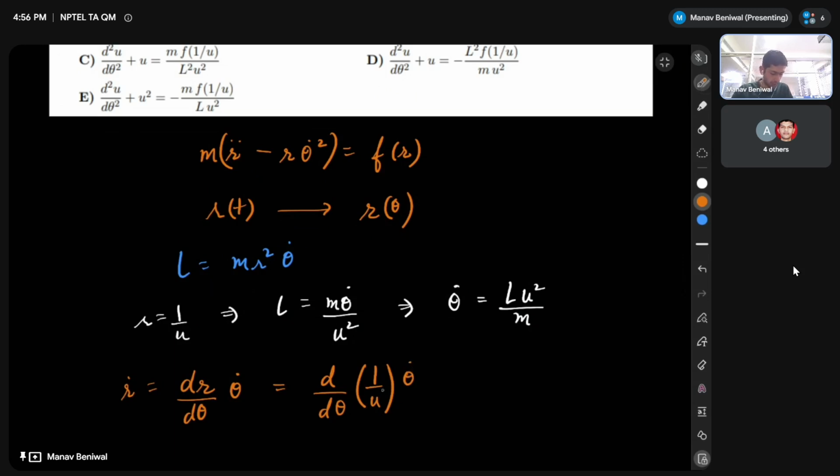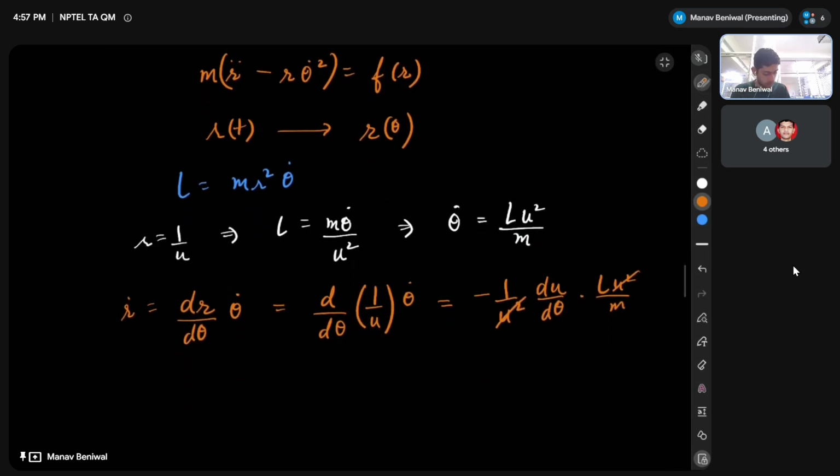So d by d theta of 1 over u gives me minus 1 over u squared du by d theta, correct? And for theta dot, I can substitute this L u squared over m. So these u squares will cancel out each other, and I will get my r dot equal to minus L over m du over d theta.